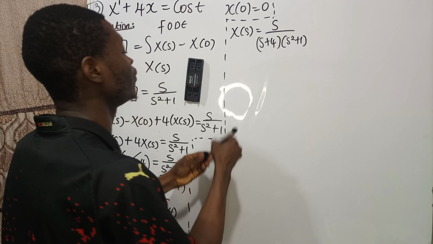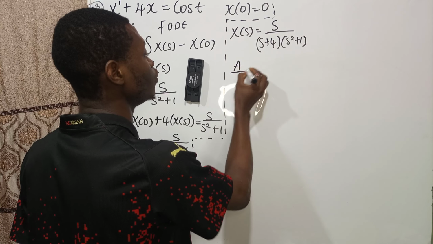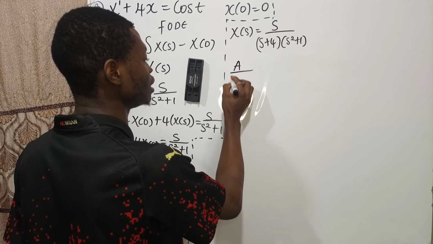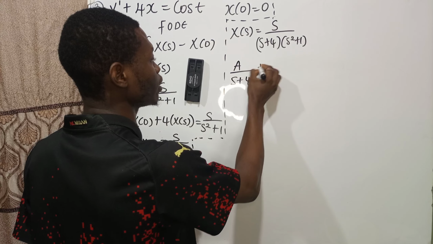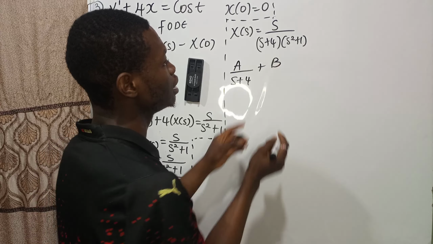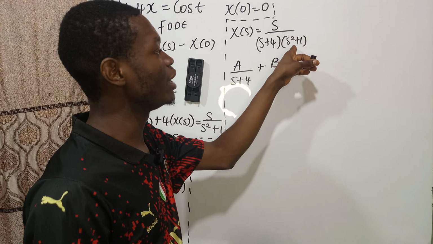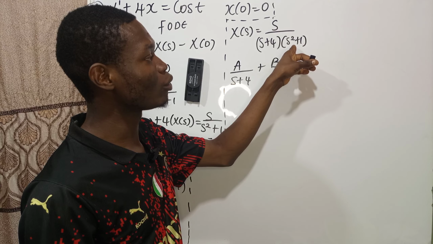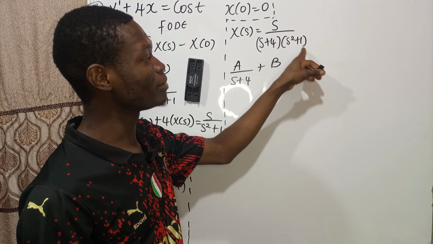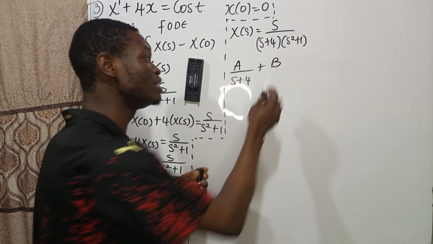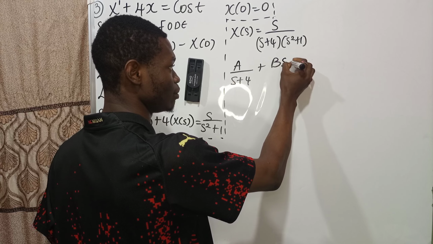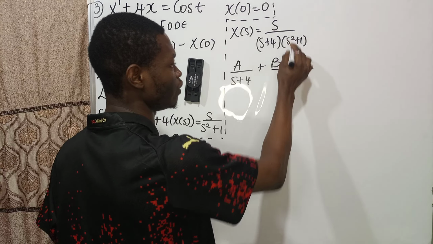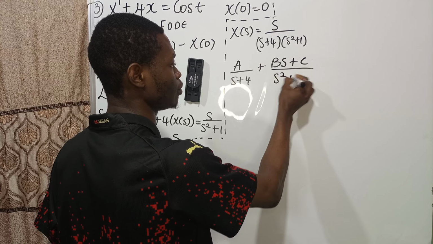So we are going to have A all over this s plus 4, plus B. Now for this non-repeated quadratic factor, it will be in the form Bs plus C all over s squared plus 1.